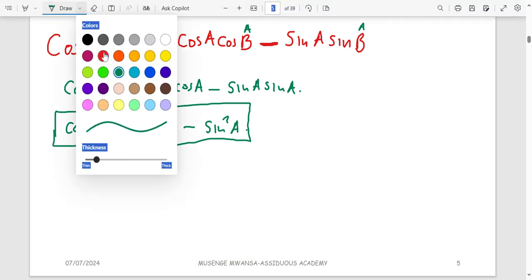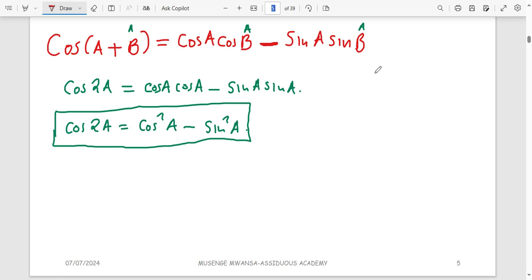But we can derive two more identities from this one. Remember that cos squared A plus sin squared A is equal to 1.